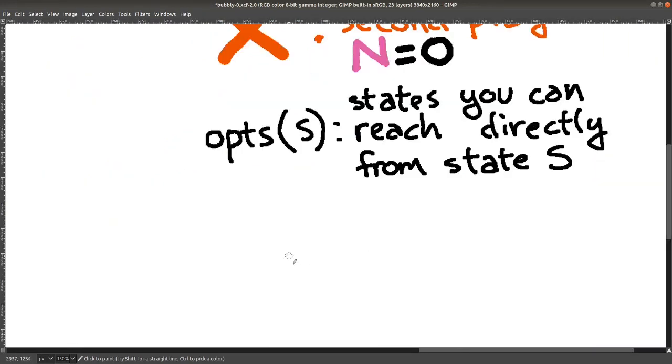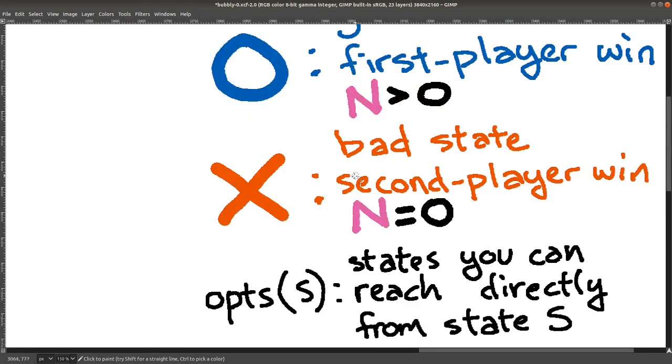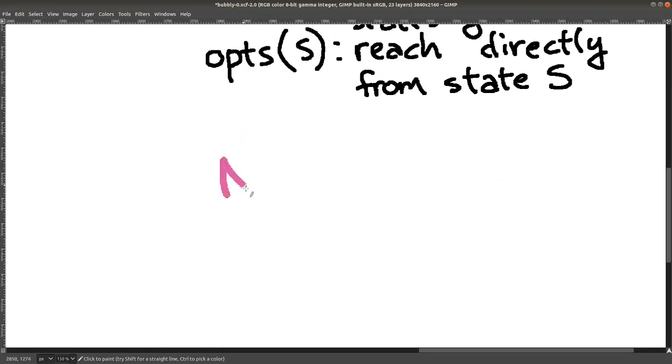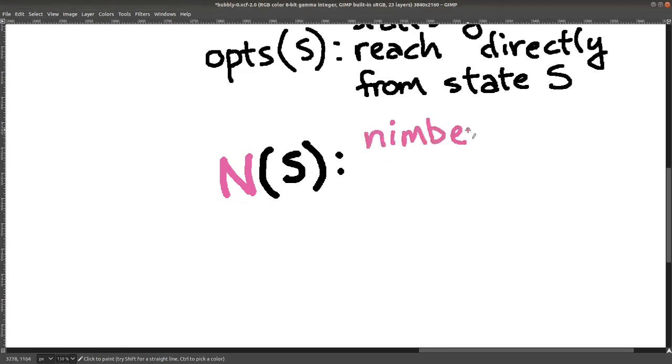And let's also give the definition of n itself. So n is called a nimber, and of course it's named after the game of Nim, the most famous of impartial games. And it's also called a nim sum or a Grundy value. I've heard it called nimber the most, so that's what I'll be calling it.